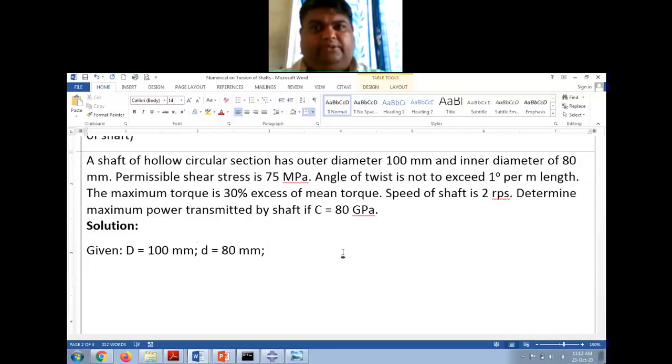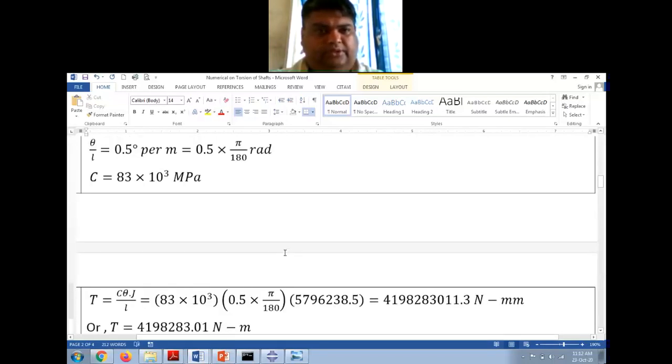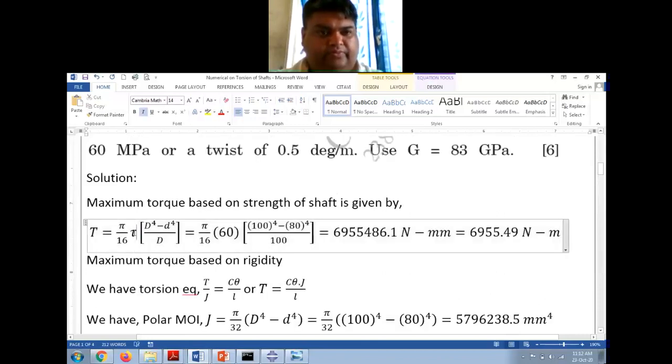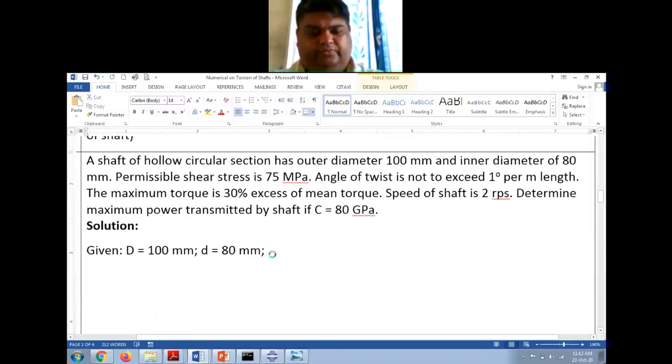Permissible shear stress is tau. So tau is equal to 75 MPa.